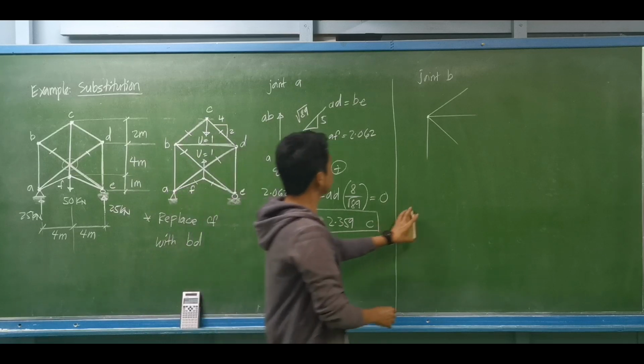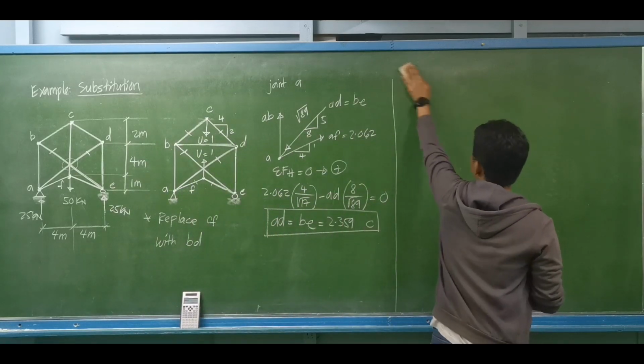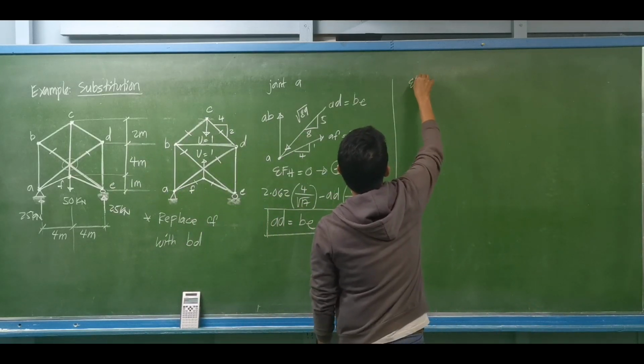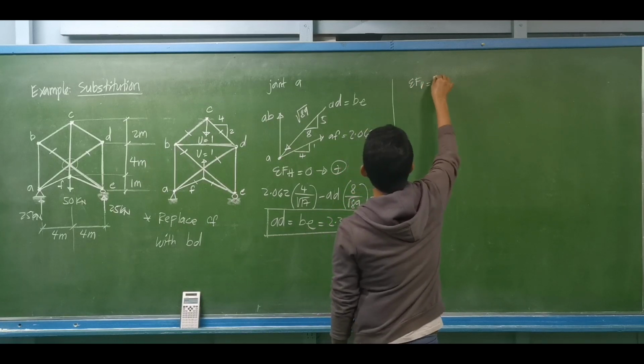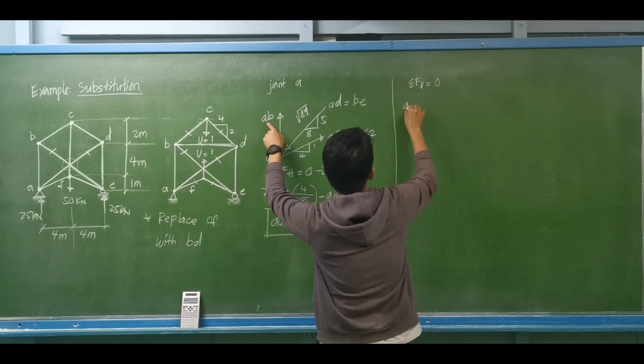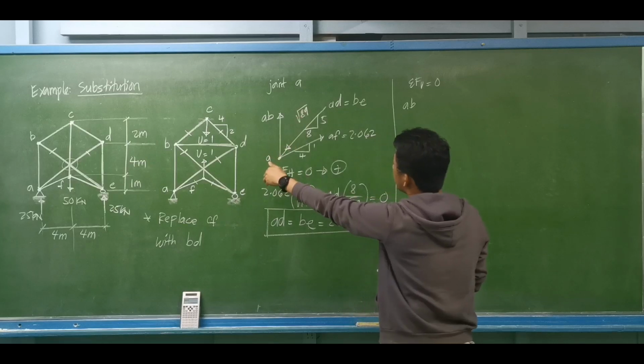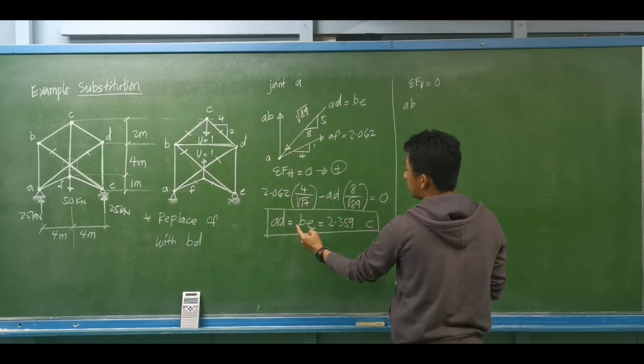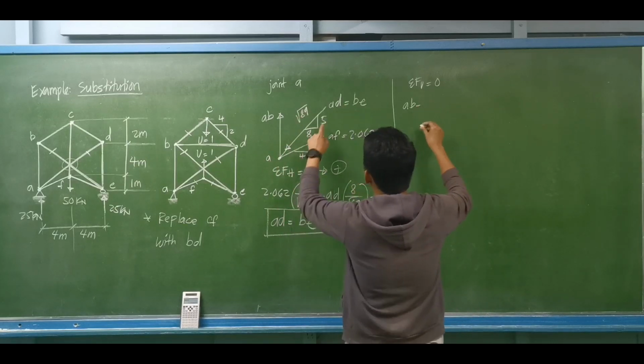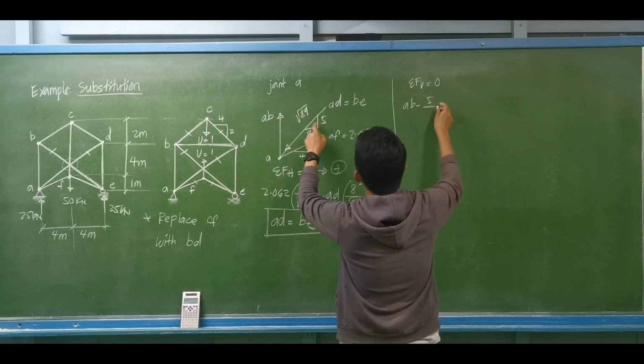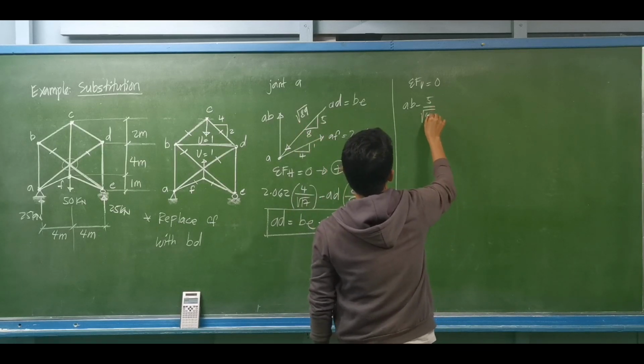So let's do that before joint B. So this is by summation of forces, vertical equal to 0. I'll be assuming AB to be upward. What is downward here? That is AD. So this minus, vertical component is 5 over the square root of 89.